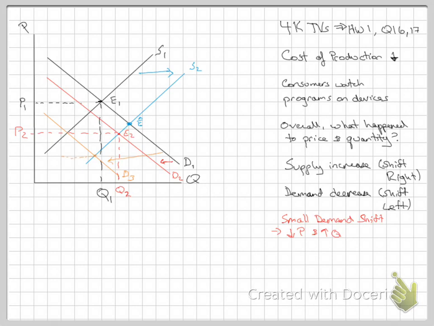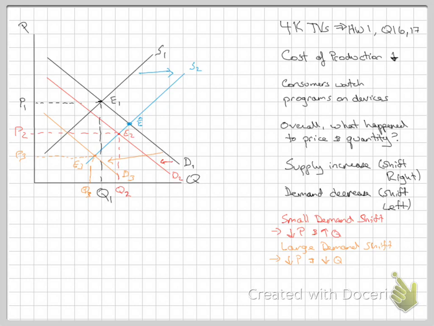Our new equilibrium has a really low price, and now there are fewer televisions bought. So if we have a large demand shift, what happens overall? Well, prices are going to go down even more, but now our overall quantity is going to go from E1 to E3. Q1 is going to go to Q3, so we're going to have a reduction in quantity.